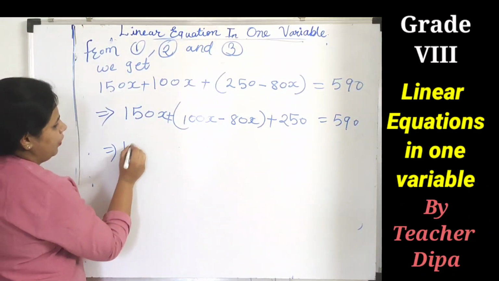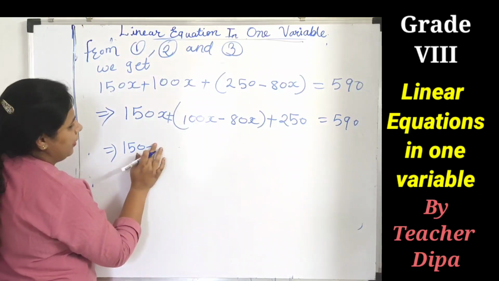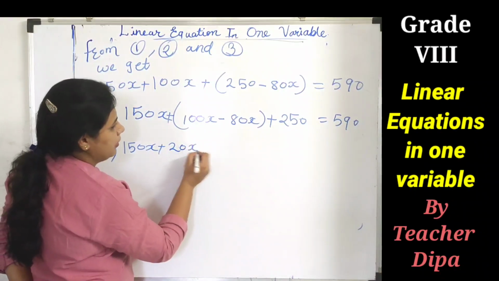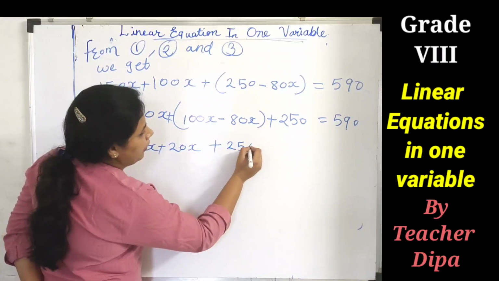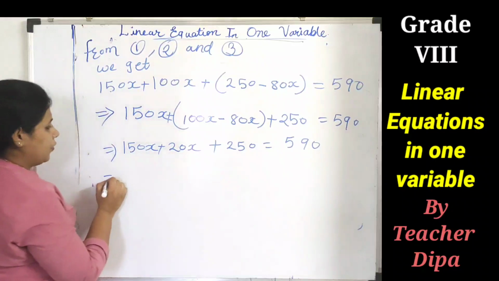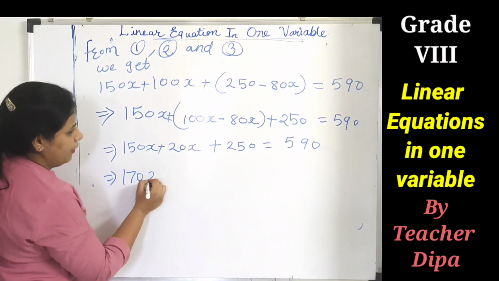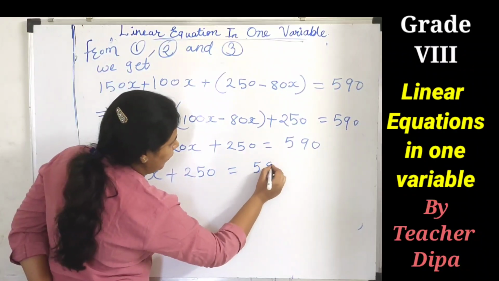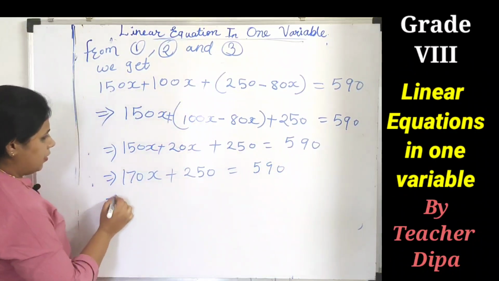By which we can write 150x plus this will be 20x plus 250 is equal to 590 rupees. So this will be 170x plus 250 is equal to 590 rupees.